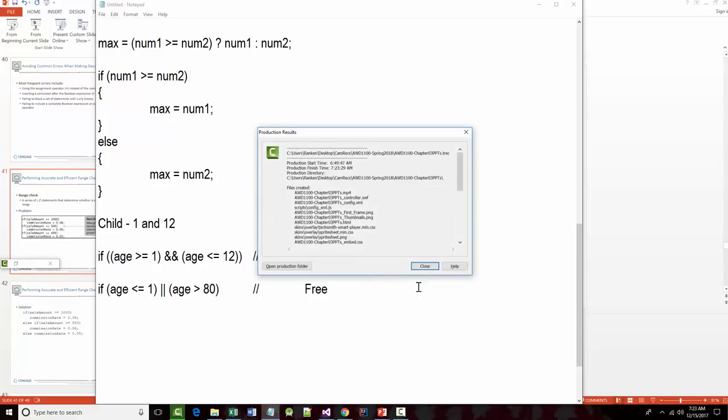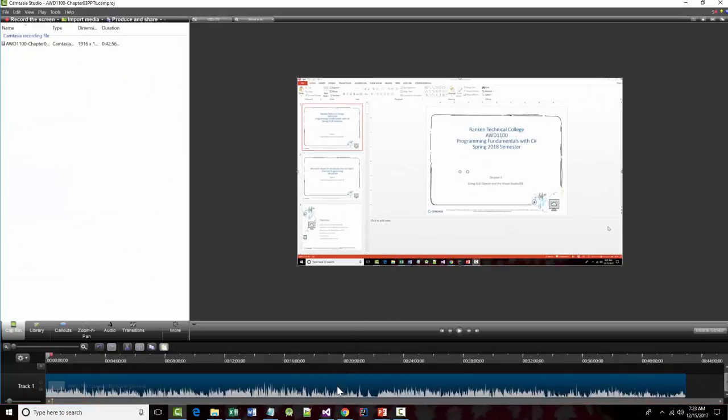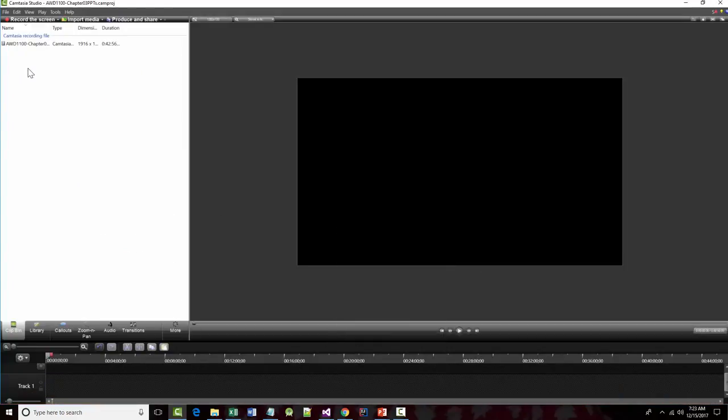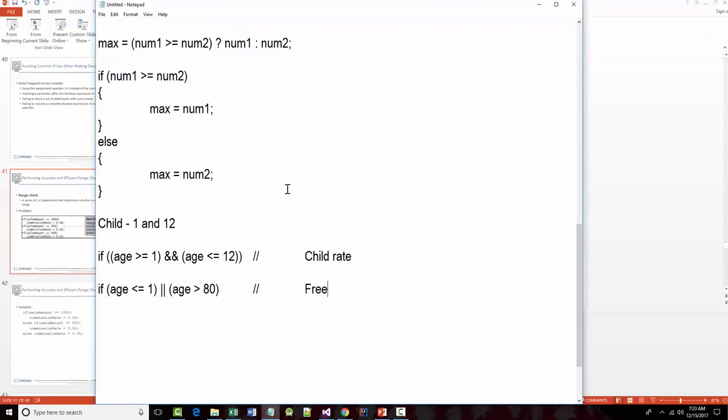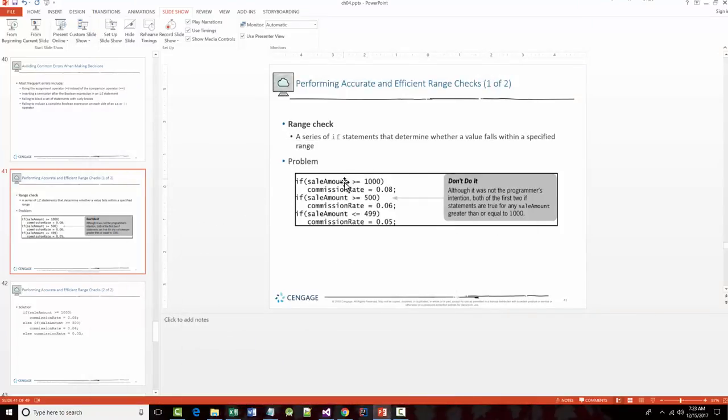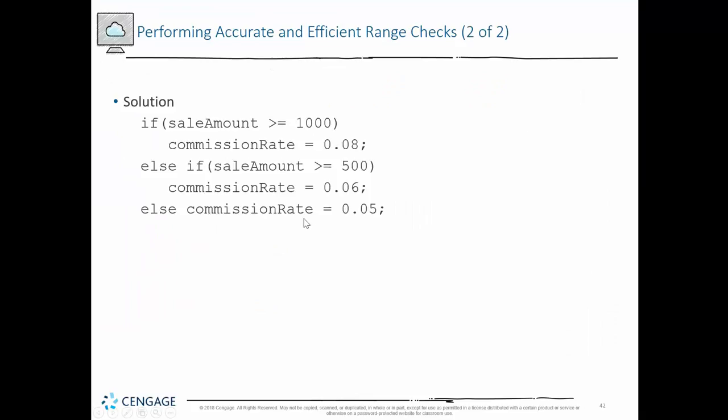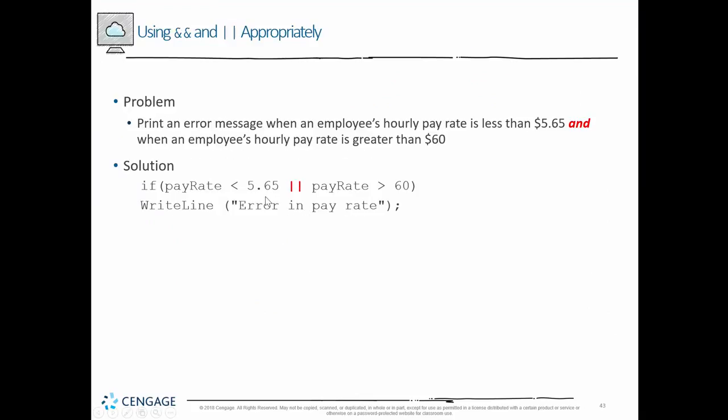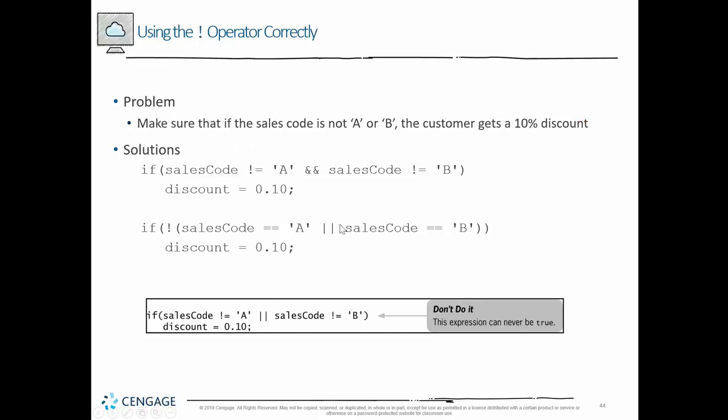So if you want to see if things are included, an inclusive type of range, you use and. If you want to see exclusive, you use or. All right, that's probably more than what the author gives you in here anyway. Use the negation operator correctly.